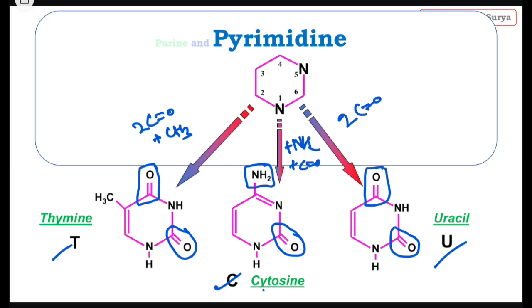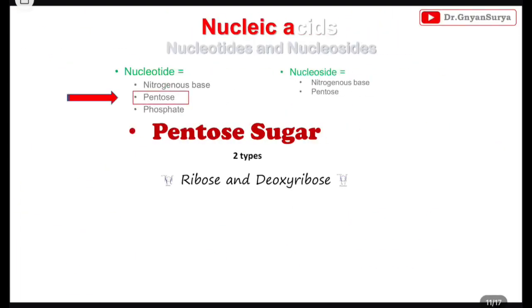All these three structures have C double bond O common at this place, followed by amine in cytosine, C double bond O in uracil and thymine, and an extra methyl group in thymine as compared to uracil. This is the biggest difference between cytosine and uracil. As we know, thymine is present only in DNA and uracil is present only in RNA, right?